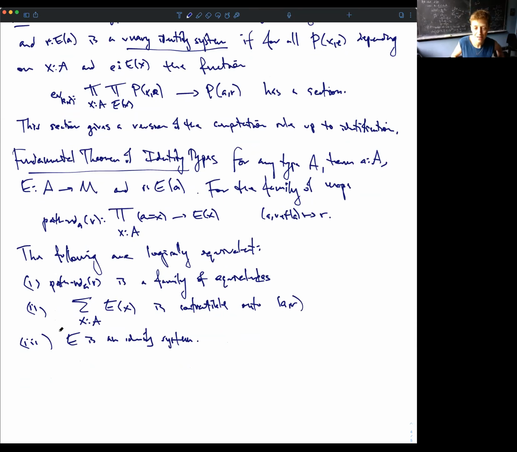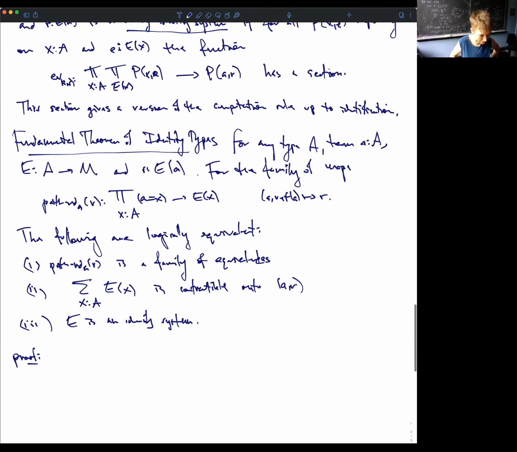Okay, so the proof of this is surprisingly not so difficult, difficult given our preparation. So let me give it in full. The first thing I'm going to say is as follows. By the theorem about families of equivalences, what we know is that one holds.